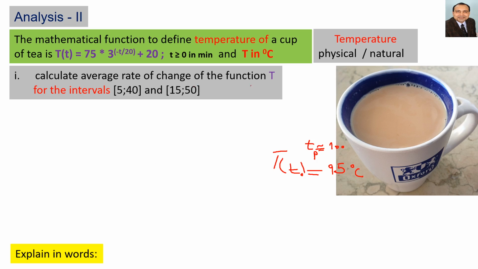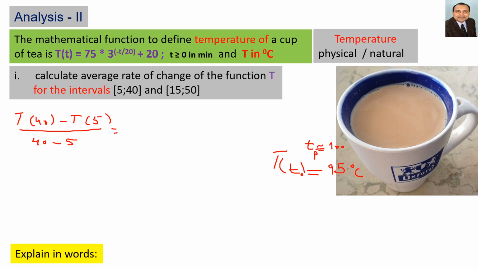Calculate the average rate of change of function T for the interval 5 to 40. So you have now T at 40 minus T at 5, divided by 40 minus 5. This is the mathematical form to calculate.